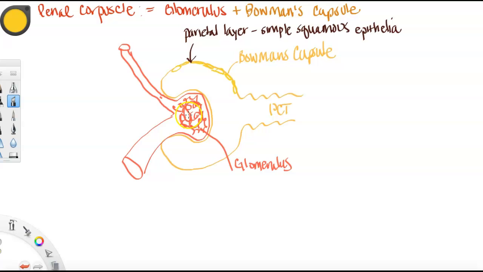The inside, of course, would be called the visceral layer. Okay. The visceral layer is made up of a special type of cells, and it is made up of podocytes.